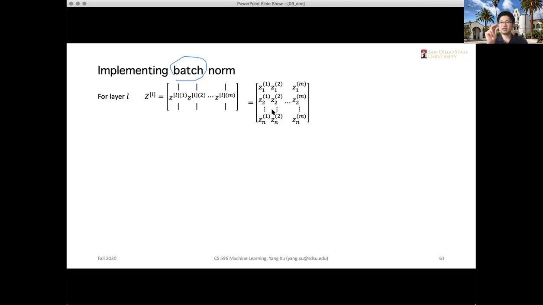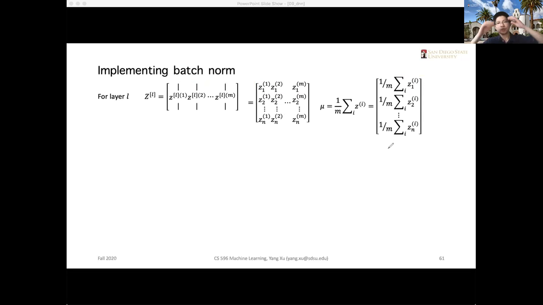And we have n rows because we assume the current layer has n neurons, or n units. So we first need to compute the means. Within this batch, we can compute the mean per unit across all the examples.